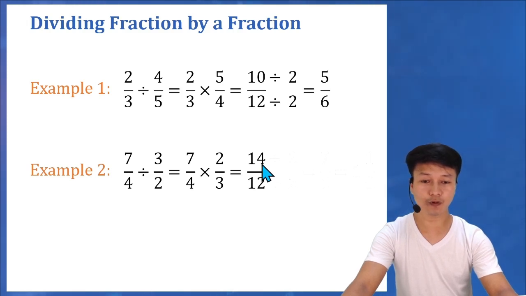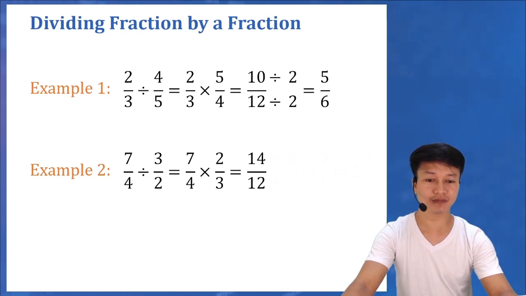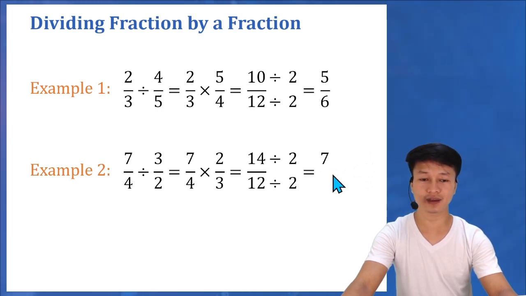Again, 14 and 12 have a common factor, which is 2. So we can still simplify them. Divide 14 by 2, divide 12 by 2 also. So 14 divided by 2 is equal to 7 over 12 divided by 2 is 6. So our answer is 7/6.